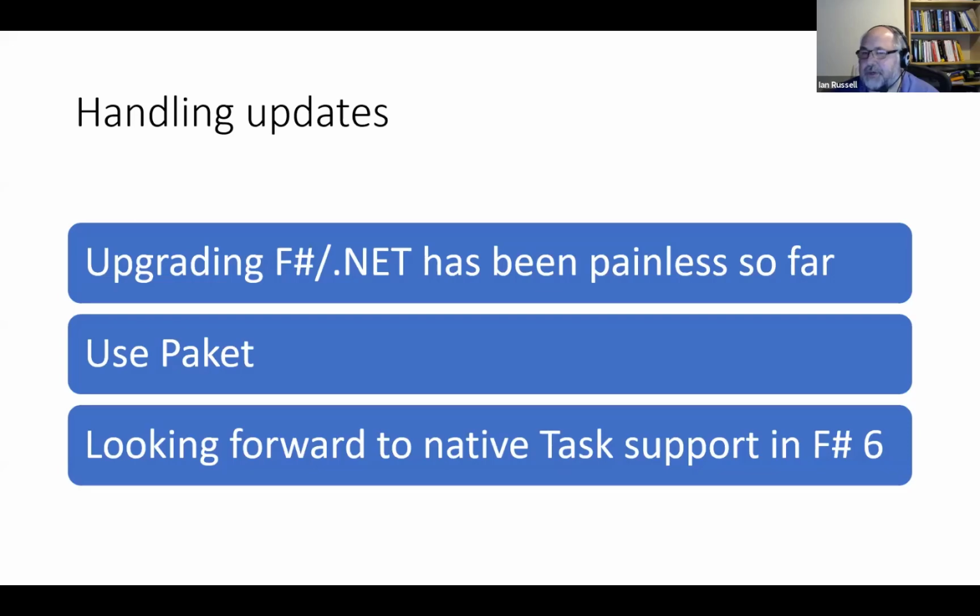I'm wondering if 6 is going to be a bit more, because they've had more time to work on this, and there seem to be more things in .NET 6 than there have been. So it'll be interesting to see what happens. But obviously, we've also got to then upgrade things like Giraffe, so all of the other supporting libraries that we've got, we obviously need to wait for them to be upgraded to .NET 6 to make sure that they work properly.